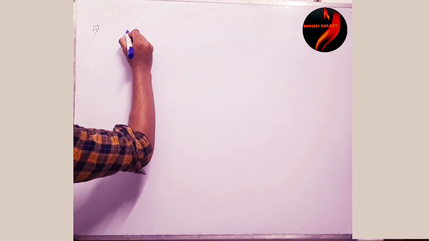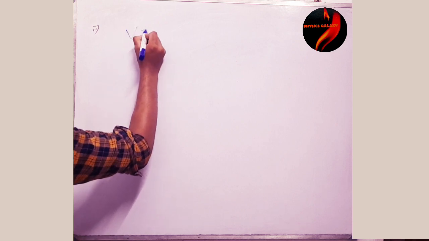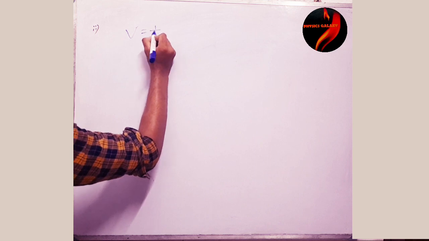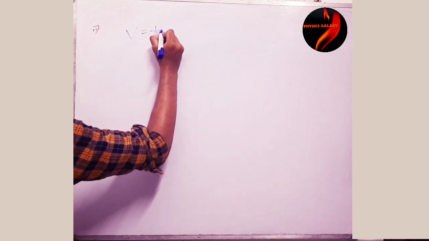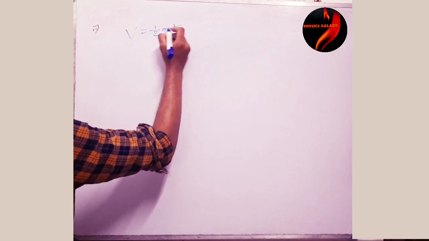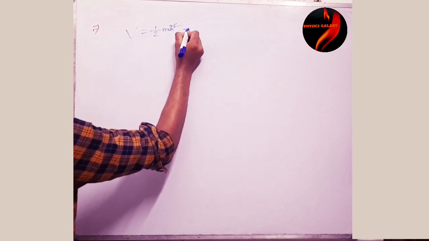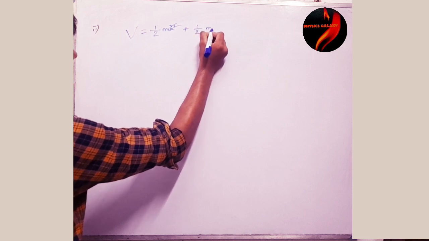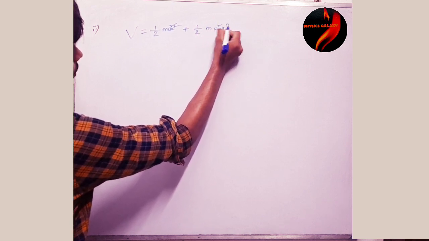The potential for the two-dimensional harmonic oscillator should be equal to half m omega square x square plus half m omega square y square.